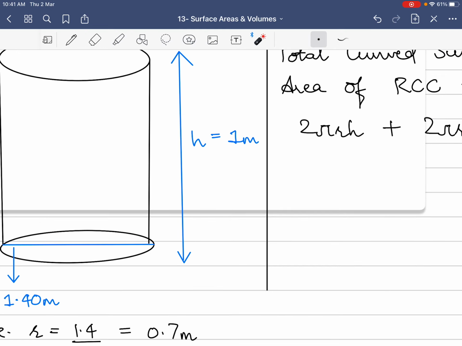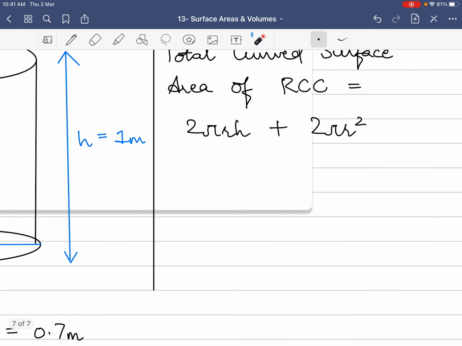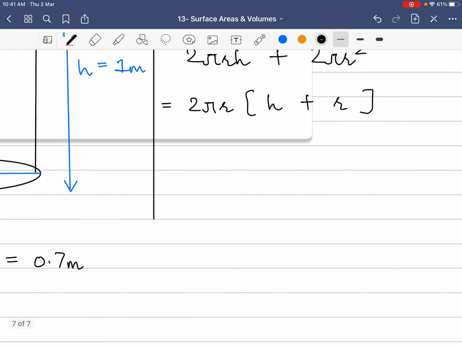So let's start substituting the values. Before we start substituting, let us take out the common portion, which is 2 pi r, and this will be h plus r. So 2 pi r is common here. Now we are free to directly substitute the values.